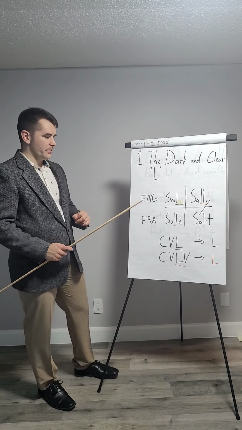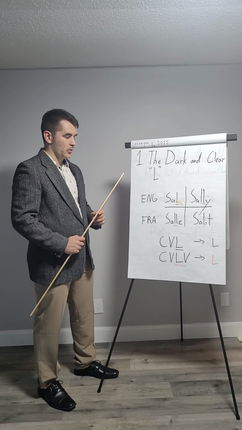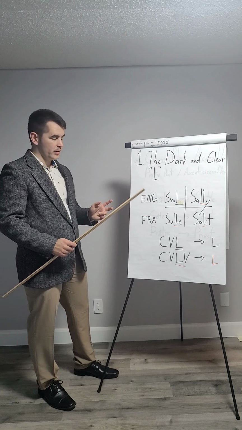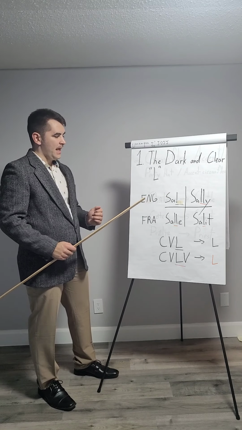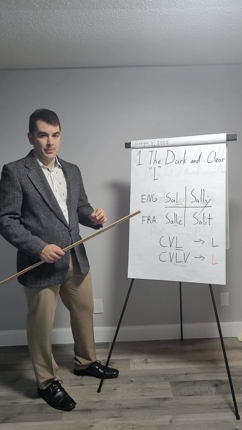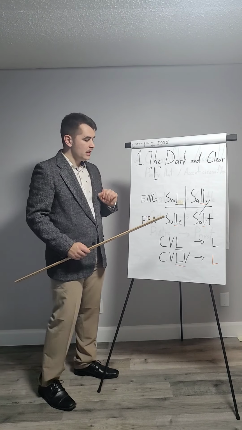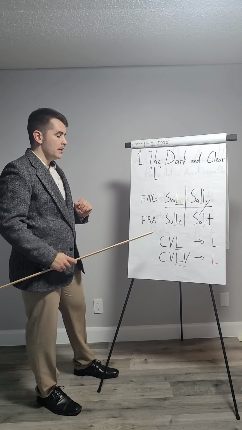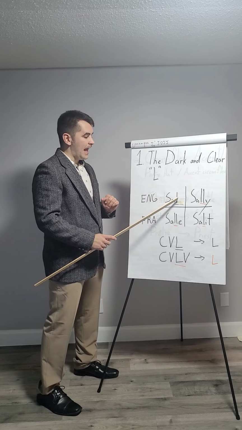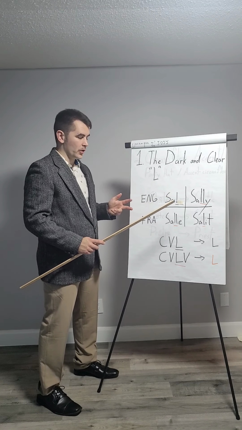Now let's assume that the vowels are all the same in this context. We're going to be focusing on L, which is a consonant. In English, the context in which an L appears affects which L that you use. So, for example, in the word sal, L is the final sound in the word.